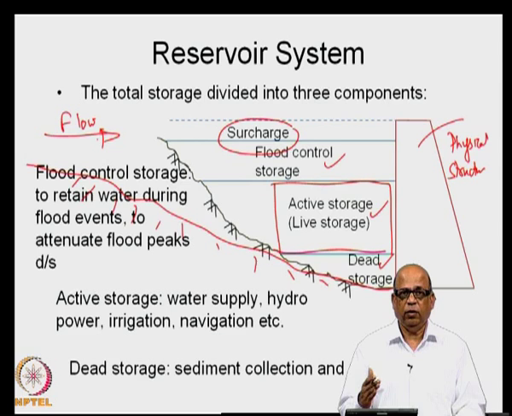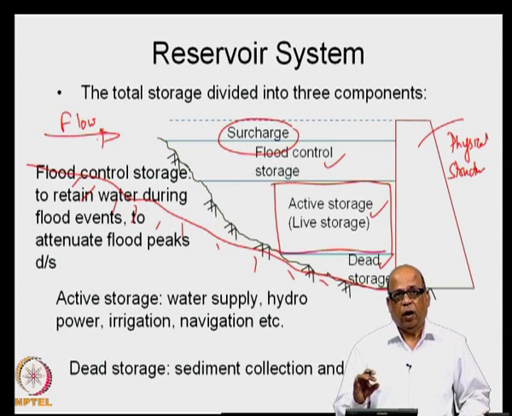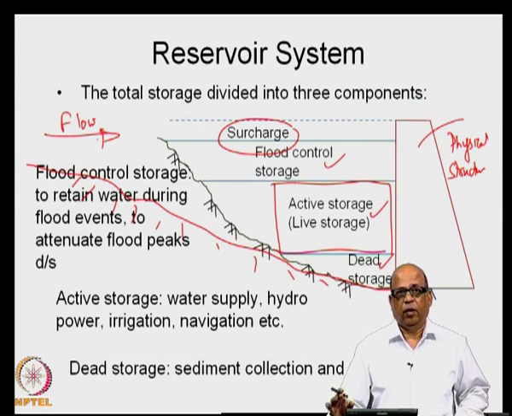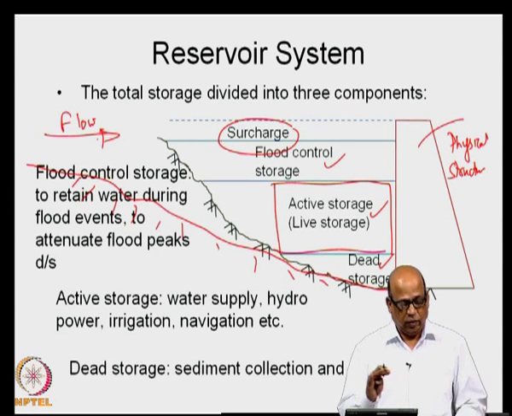So, the sequence of flows is known, and that is why we call them deterministic problems, where there is no uncertainty associated with the inputs or the physical features of the water resource system. So, we will start with a reservoir system with deterministic inputs.